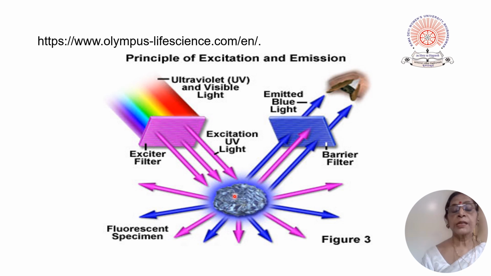The fluorochromes get excited and emit fluorescence. The fluorescence light, both in focus and out of focus light, passes through the barrier filter. The barrier filter holds back the out of focus light and allows the in focus light that is cut by the ocular. And then it passes to the camera or can be viewed with eye.